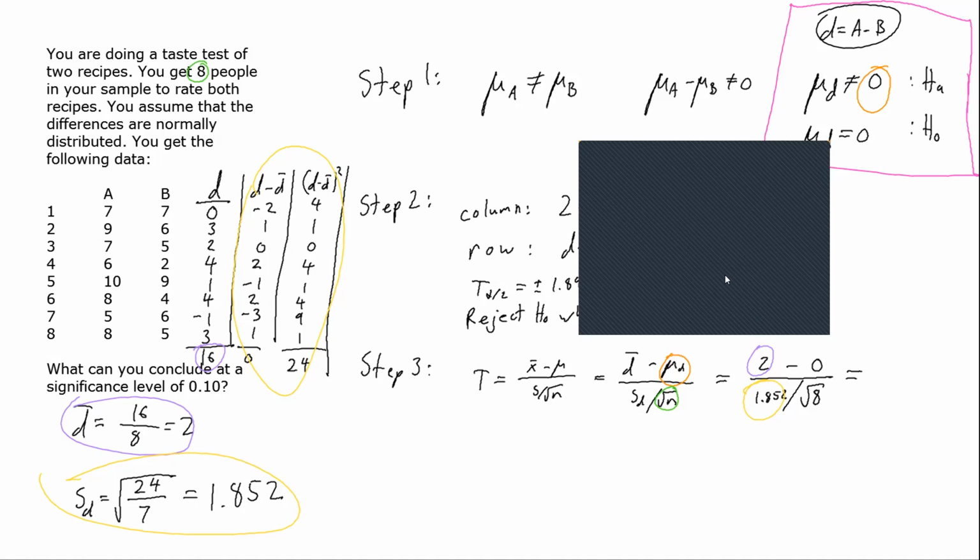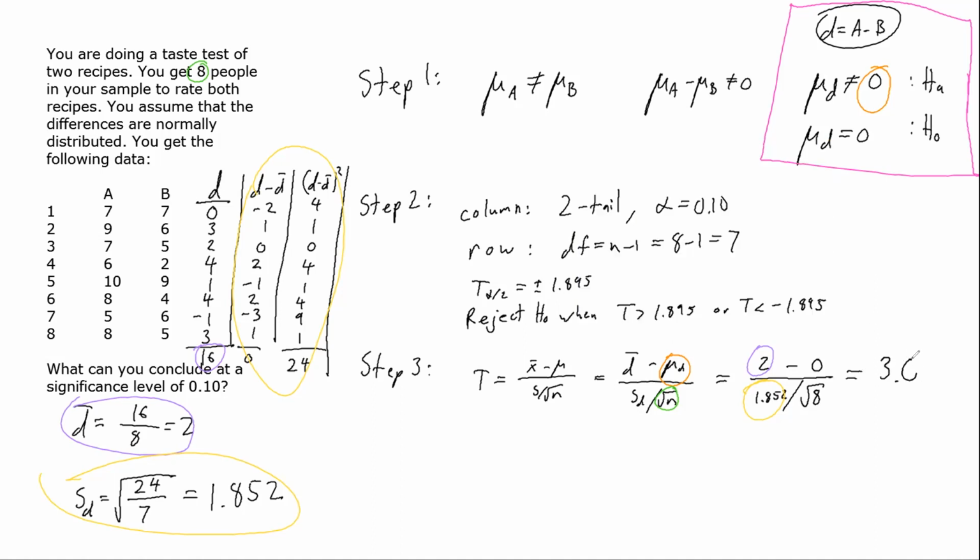We're getting 3.05, and that's our test statistic. That's step 3, just using the formula. Step 3 itself is pretty easy, but in this case, it just required us to do some work to get that mean and that sample standard deviation.